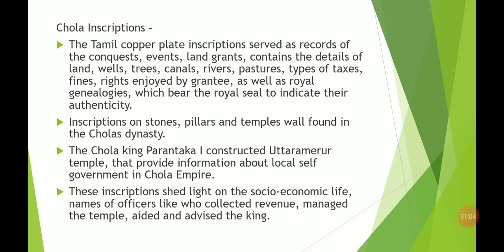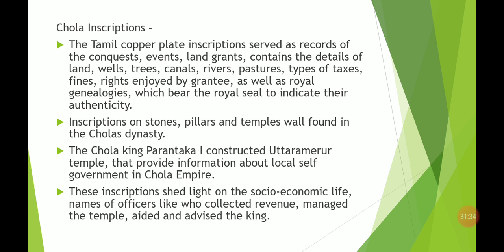We have also found several inscriptions on stone, pillars, and temple walls basically. These provide several pieces of information about the Chola dynasty or empire. Here I told you that the Chola king Parantaka the First constructed the Uttaramerur temple, and it provides information about the Sabha and other details regarding the Chola dynasty.